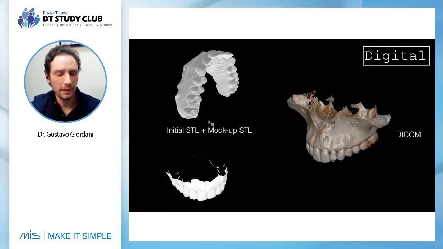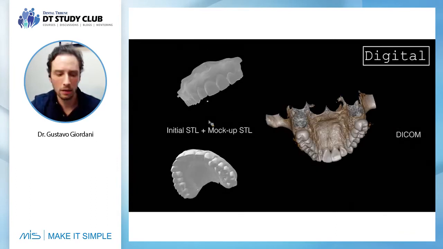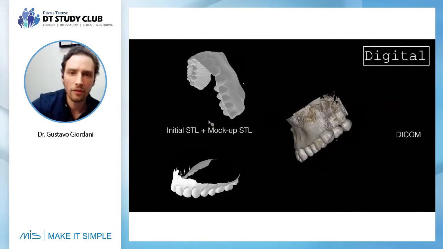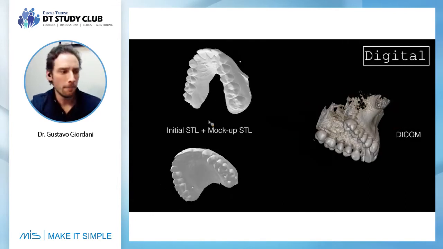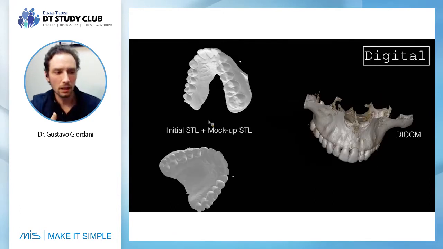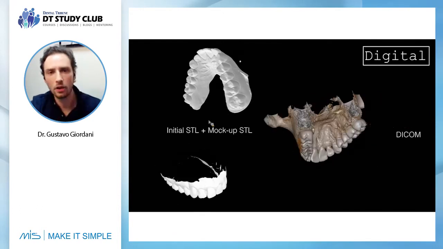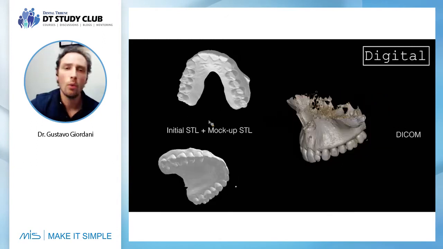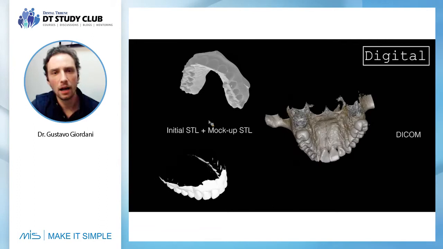So we need the initial STL, the DICOM file from the tomography, and if you have a wax-up, if you have a smile planned in the software, or if you have a test drive in the mouth of the patient, we also need this wax-up STL.